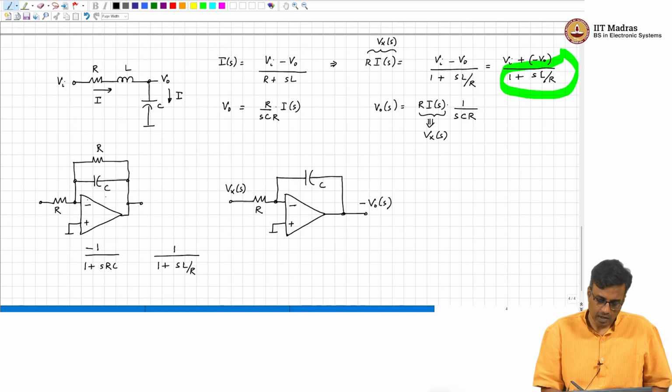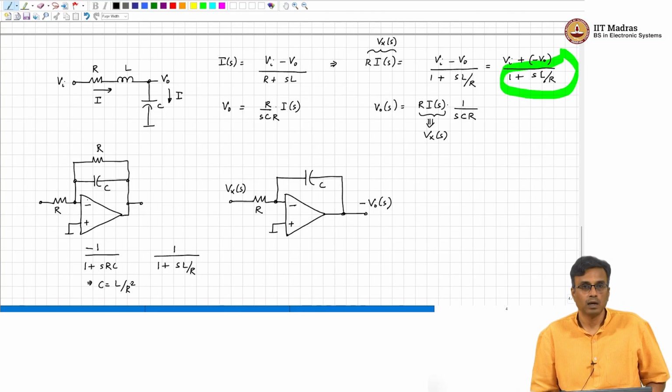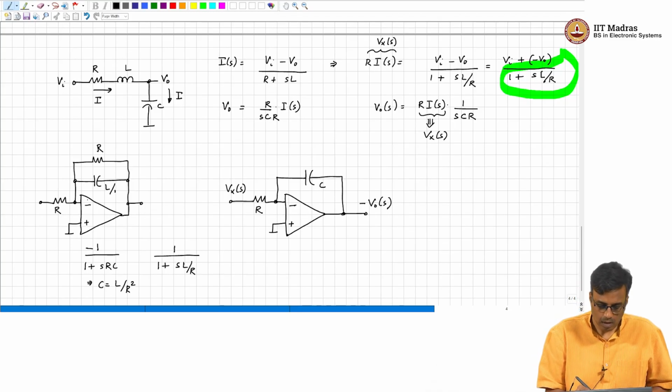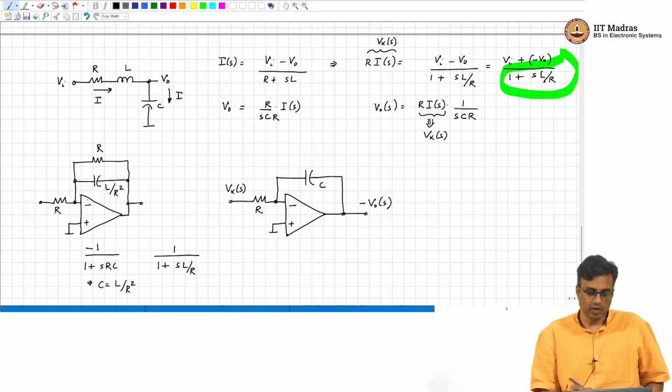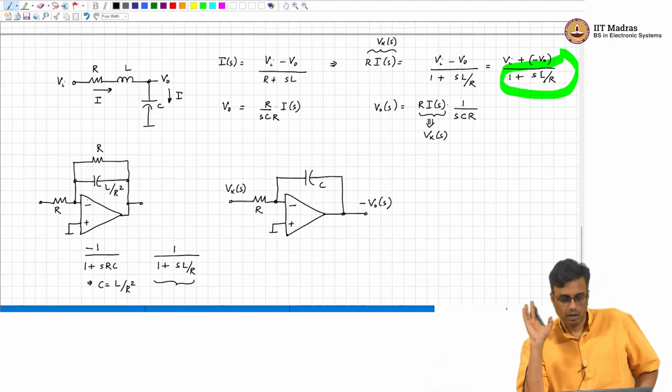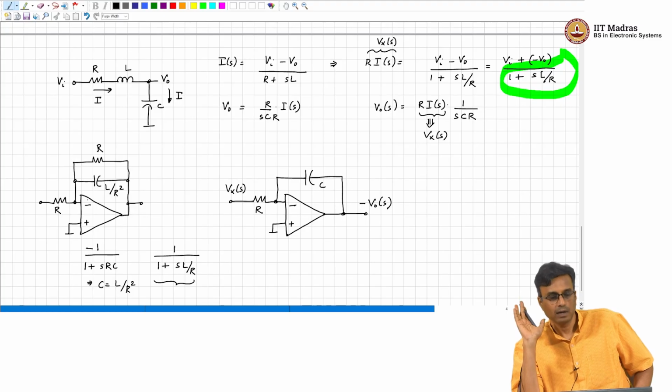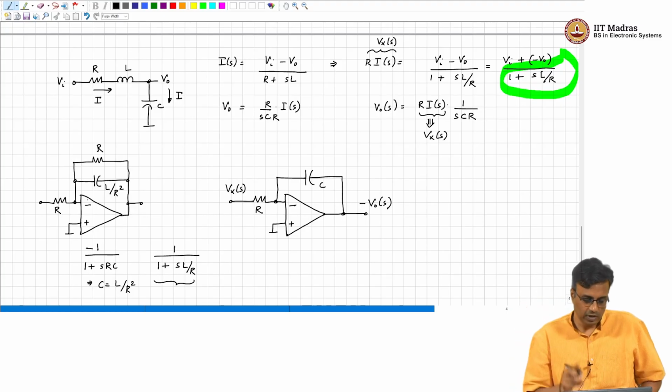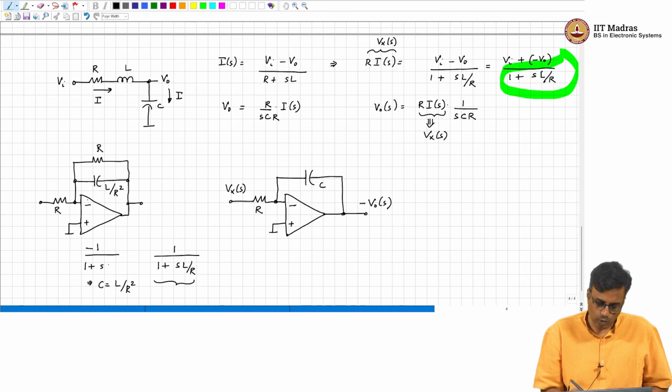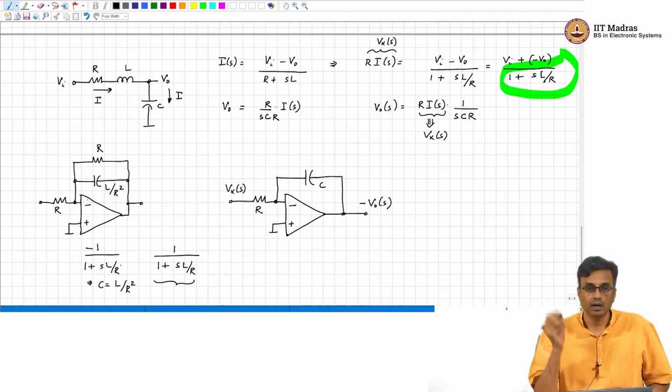So, basically if you choose C to be equal to L by R square, then the transfer function from here to here will be 1 by 1 plus SL by R, correct. Okay, but the transfer function we have is minus 1 by 1 plus SL by R.